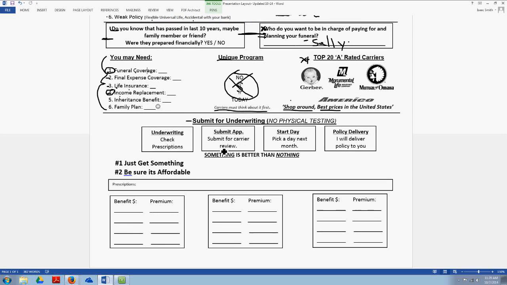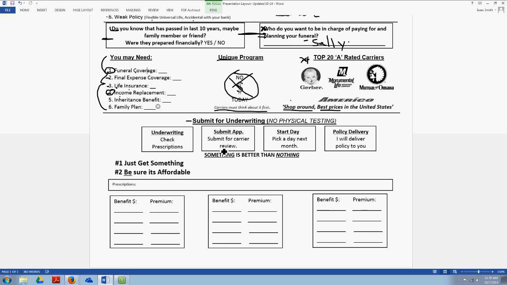Put you on a treadmill and make you run. We're not going to do any of that. What we're going to do is look at your prescriptions for you real fast. Then I'm going to take this application, fill it out for you, and submit it to the carrier. They have to look at it first before we do anything. Then you're going to pick a day next month that you'd like to get started, and then I'll bring the policy out to you. Does that sound all right?